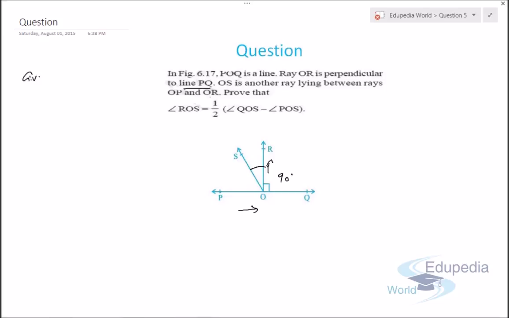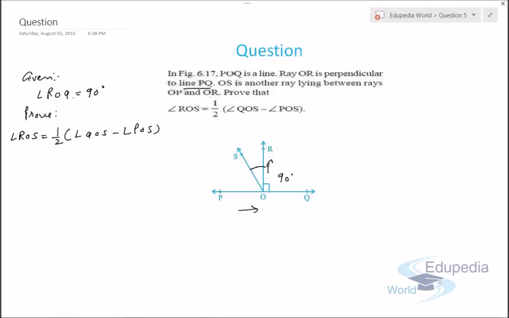First of all, it's given that angle ROQ equals 90 degrees. So it's a very interesting question. We have to watch this question very carefully. So we need to prove that angle ROS equals half of angle QOS minus angle POS.